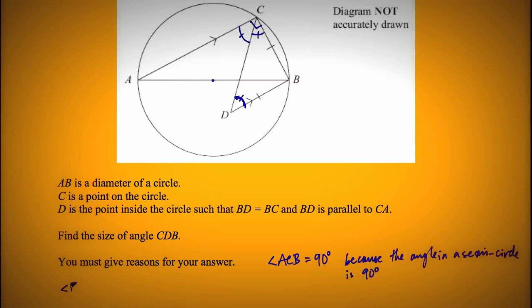Angle BCD equals angle BDC, because base angles in an isosceles triangle are equal.